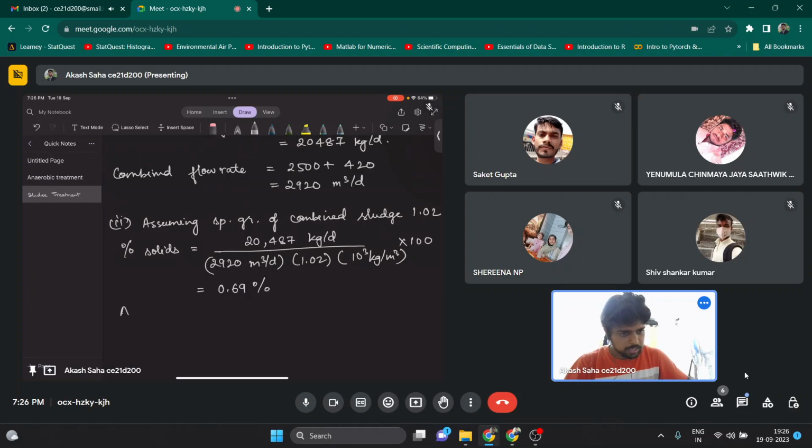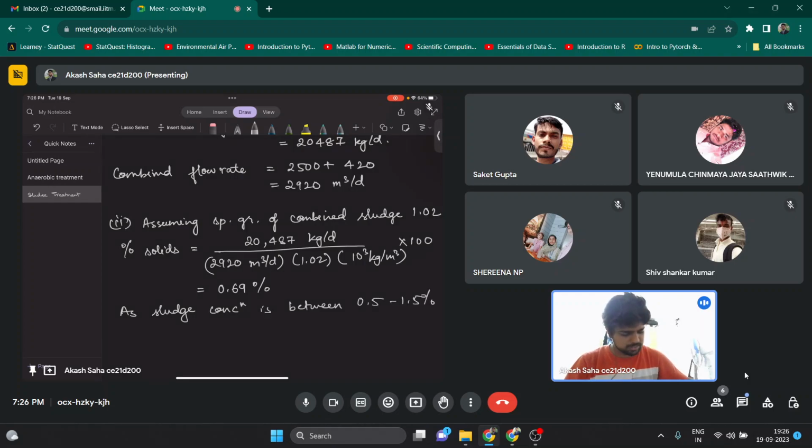So as the sludge concentration is 0.69, it is between 0.5 to 1.5.